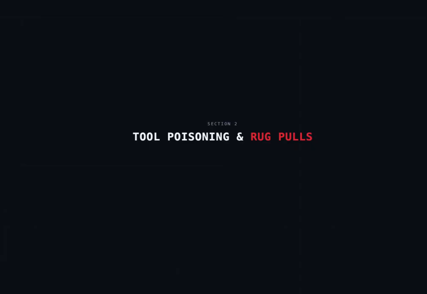The model trusts that description to decide when and how to call the tool. So a poisoned description is really an injection vector straight into the model's decision making.